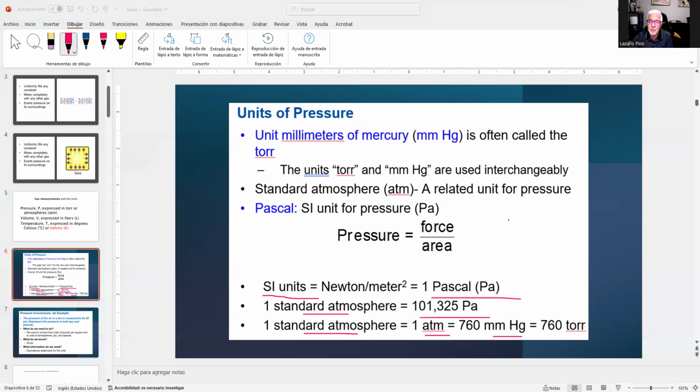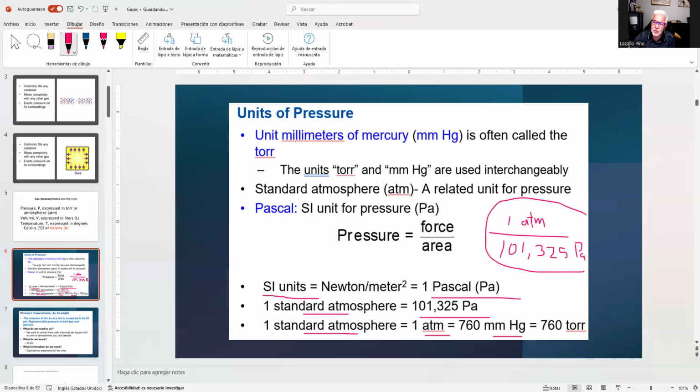We use, for example, that 1 atmosphere is to 101,325 Pascal, or the opposite: 101,325 Pascal is to 1 atmosphere. And this is a conversion factor that we can use in these calculations.